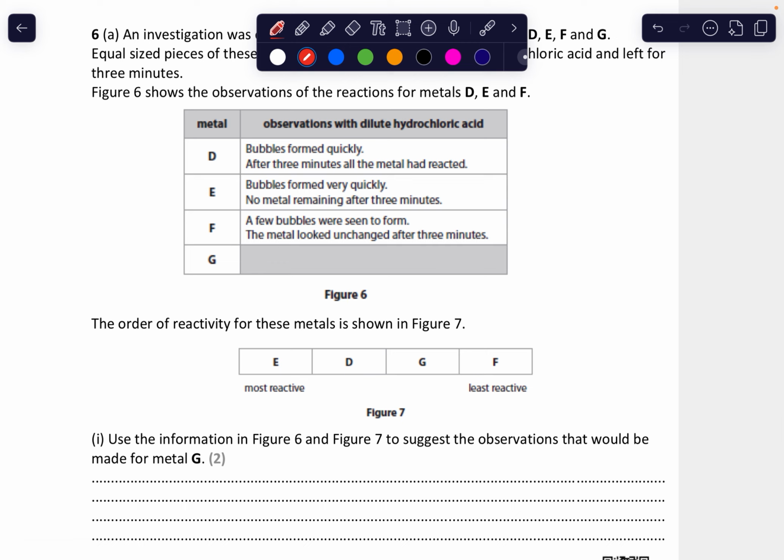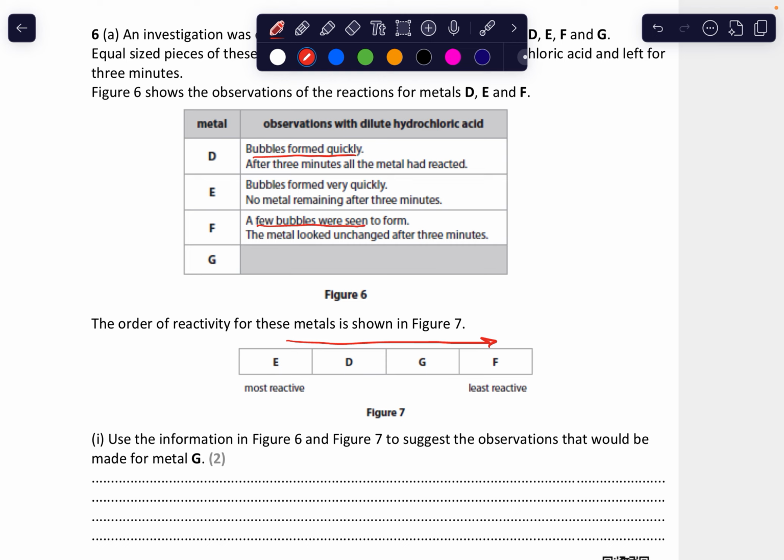So we're told here that E is the most reactive, and then it works its way down to the least reactive. So G is more reactive than F, but less reactive than D. So if we look at D, it says bubbles are formed quickly. And if we look at F, we're told that a few bubbles were seen to form.